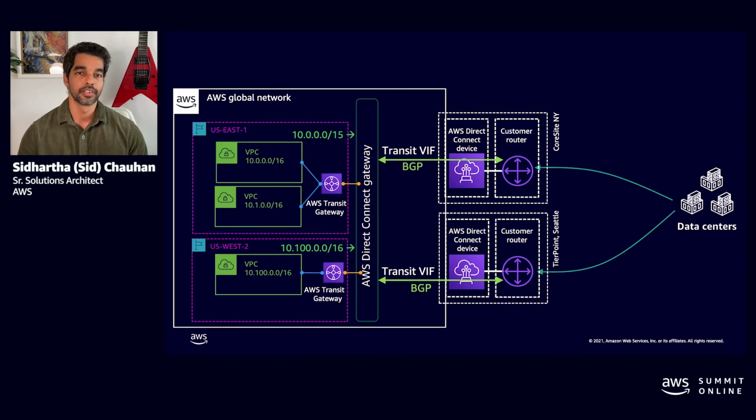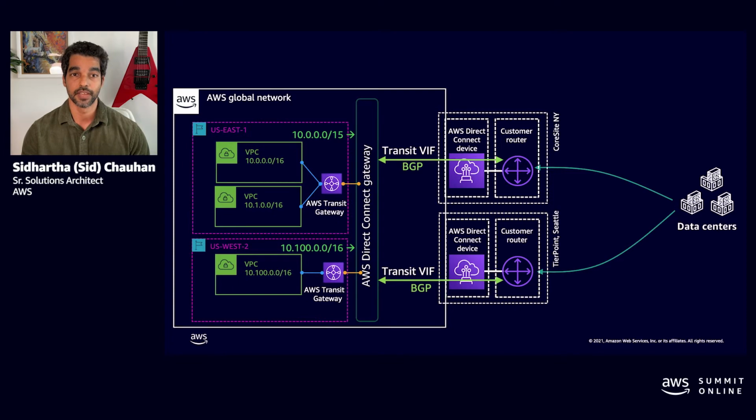Now, one fundamental difference in this setup is on Transit Gateway, you control exactly what prefixes you want to advertise downstream, and that's a static configuration. So as you can see in this example, instead of advertising each and every VPC CIDR range, we are summarizing it at the Transit Gateway level.